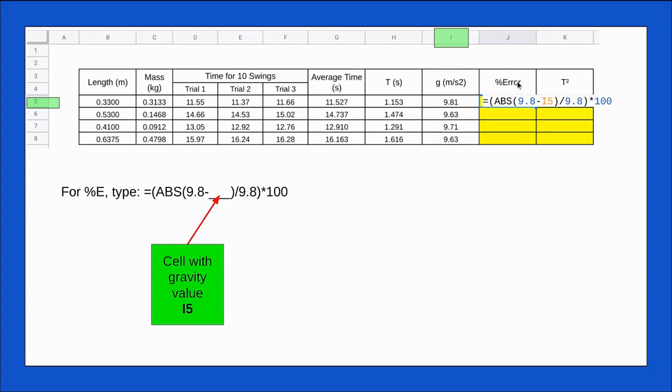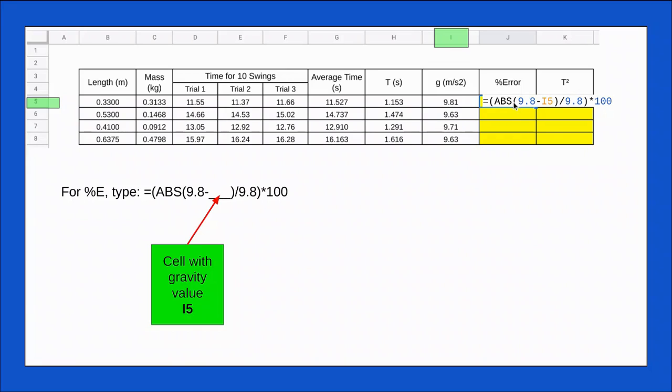Next, percent error. Okay, another little bit complicated formula. You just have to pay attention to the parentheses. So in this case, I hit equals, start with open parentheses, and then start typing ABS. It'll give you an option for absolute value, or you could just leave it that way, ABS, and then open parentheses again.